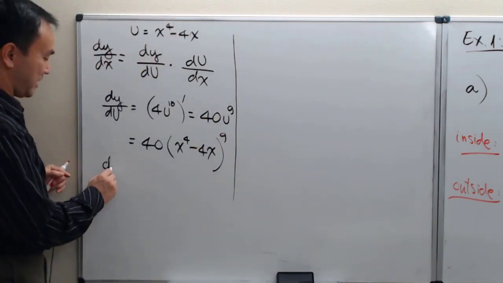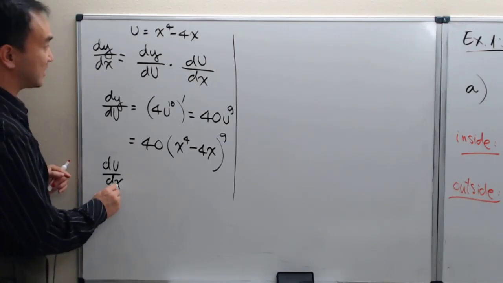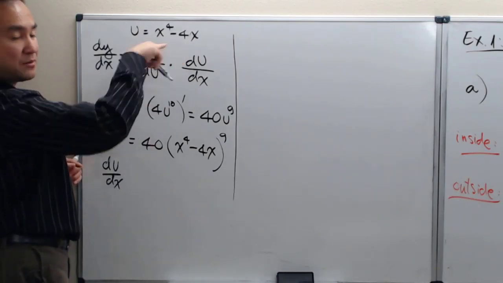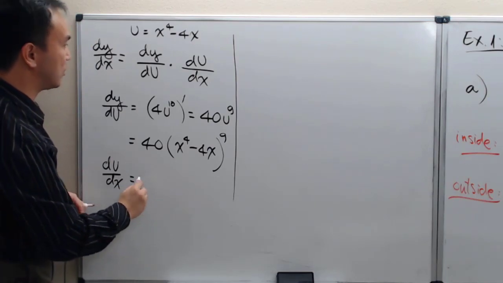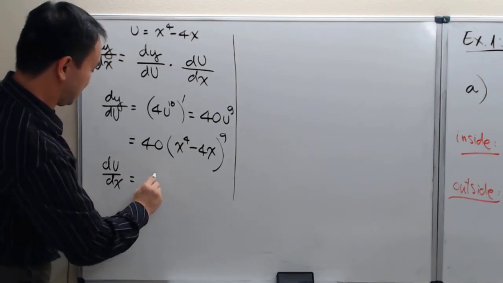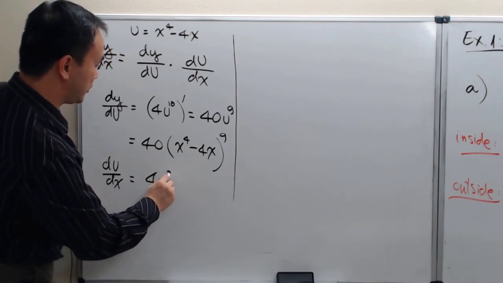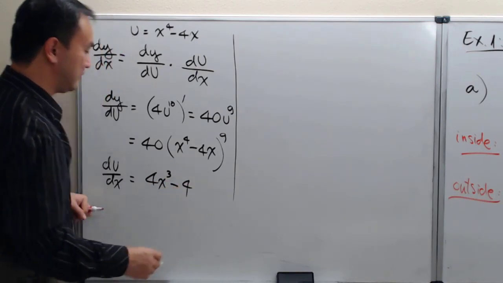But then my du dx, we let u equals x to the 4th minus 4x. So du dx here is going to be 4x cubed minus 4.